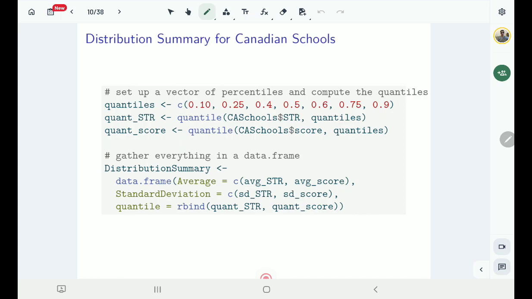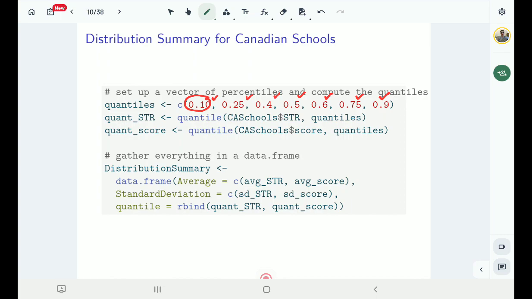Okay, and then we want to calculate the 10th, 25th, 40th, 50th, 60th, 75th, and 90th percent quantiles. So what do we mean by, for example, the 10th percentile? Percentile is basically dividing the data set into 100 equal parts, and the 10th percentile means choosing the value which has 10% of the whole data set less than or equal to itself.